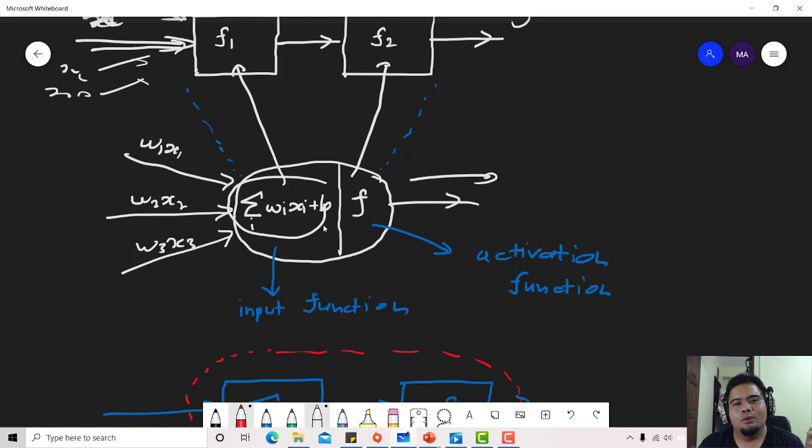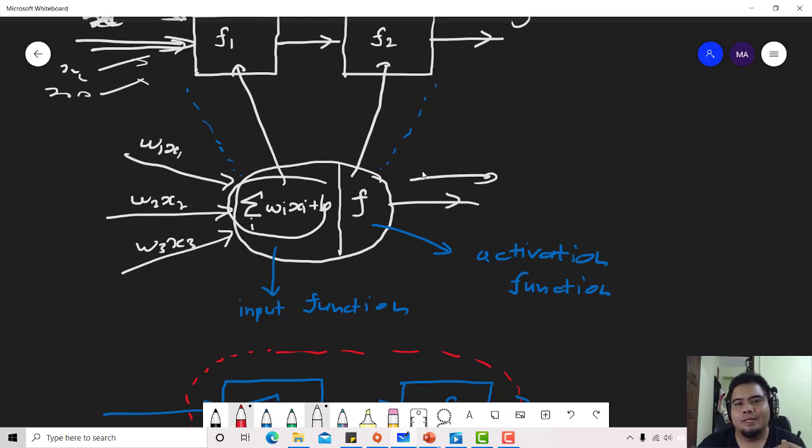Again, this one is similar to the previous one. The input function is always linear, coming from linear regression, and the activation function can be changed. You can use a unit step function or a sigmoid function. In an artificial neural network it is free for you; you can use any activation function you want, but there are advantages and disadvantages depending on which one you choose.